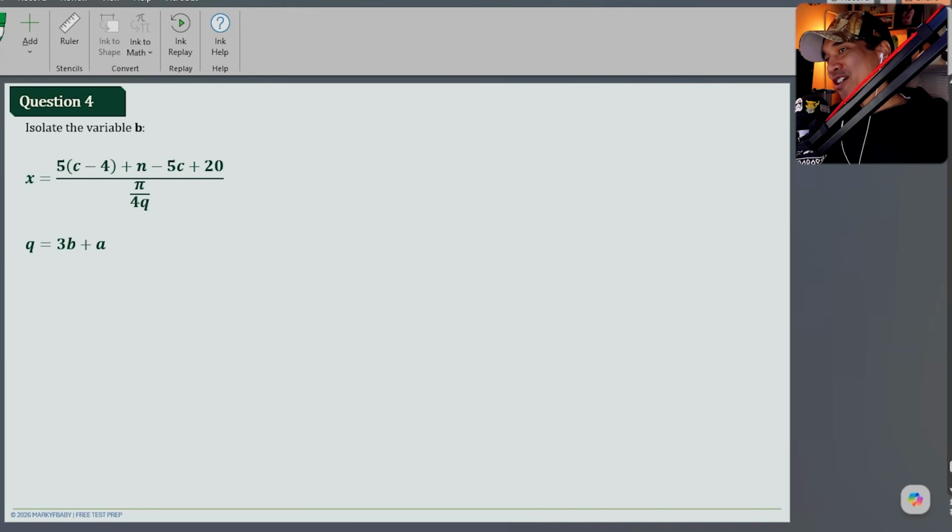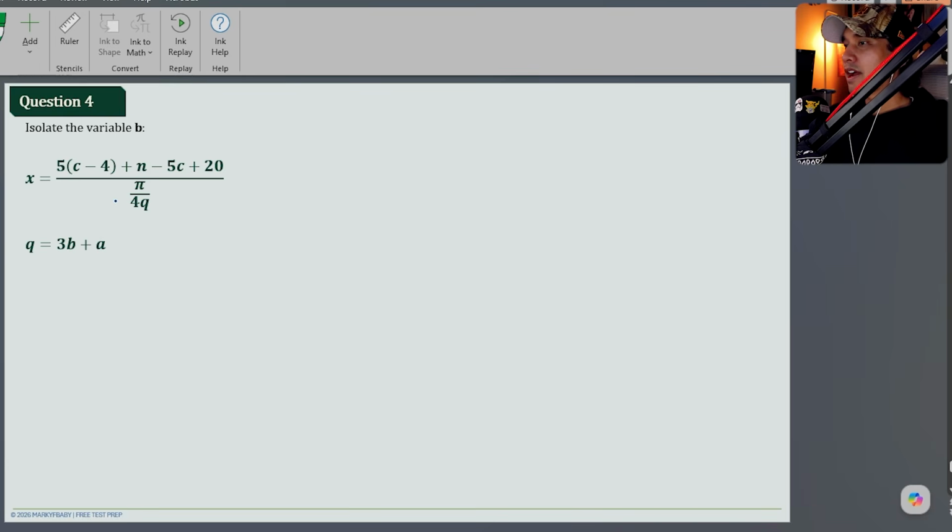All right. So the first 3 questions were easy. Okay. I don't expect you to struggle on those. Now this one, you will develop many skills. I have forced it upon you to practice many skills. So we need to isolate the variable b given these 2 equations. X equals this monster of an equation, and then we're going to plug in this q inside this equation after we simplify, right?